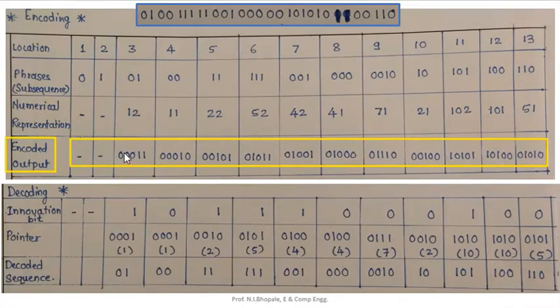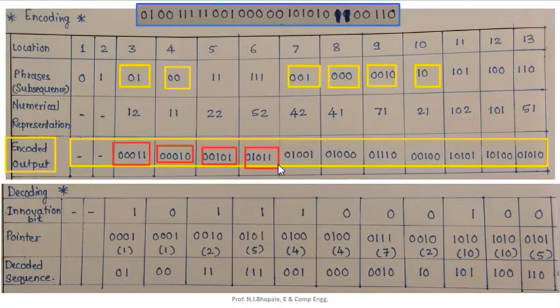And the very important thing is we started with the phrases which are nothing but variable lengths. So it might be of 1 bit, it might be of 2, 3, 4 bits, but the final encoded output which we got is nothing but fixed length codes. So here for each and every bit stream you can find out that it is of 5 bits.